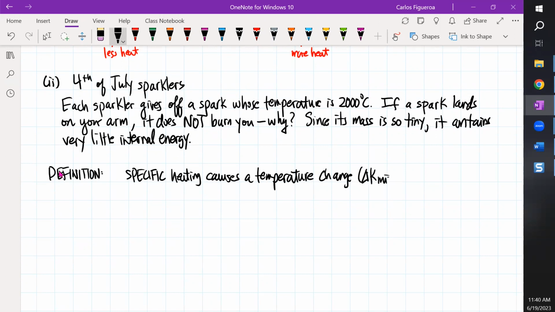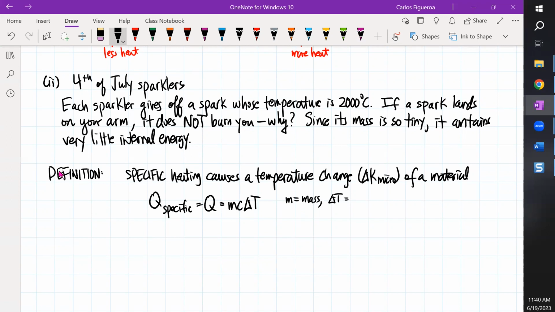I change KE micro of a material, where Q specific, which I typically just write Q, is then MC delta T, where M is the mass. Of course, the change in temperature is delta T.